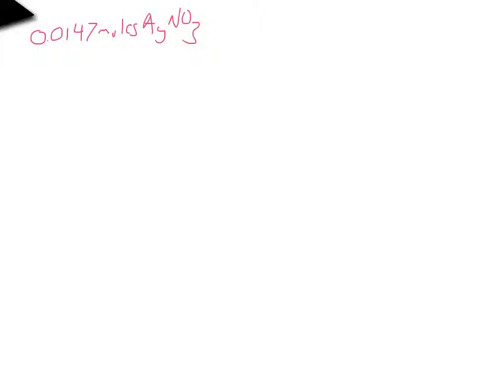There is 1 mole of zinc nitrate for every 2 moles of silver nitrate. Then we can multiply that and convert that to grams. I actually did that backwards, so that is Ag, and that's zinc.